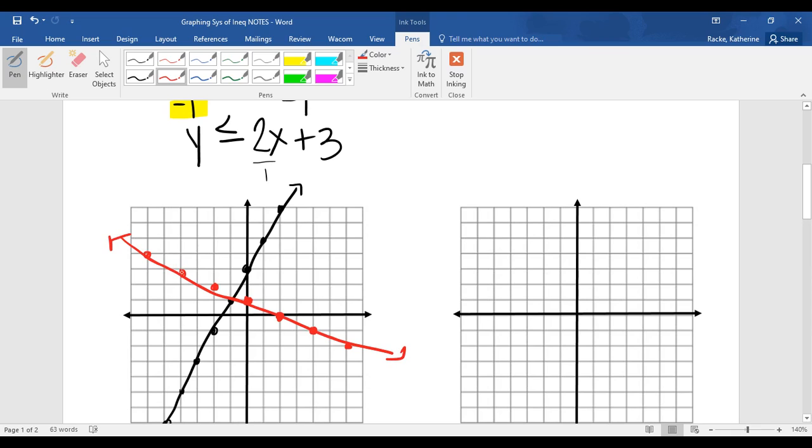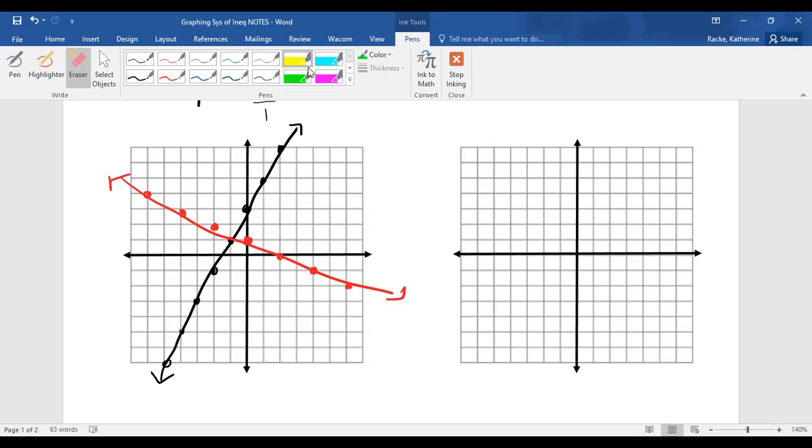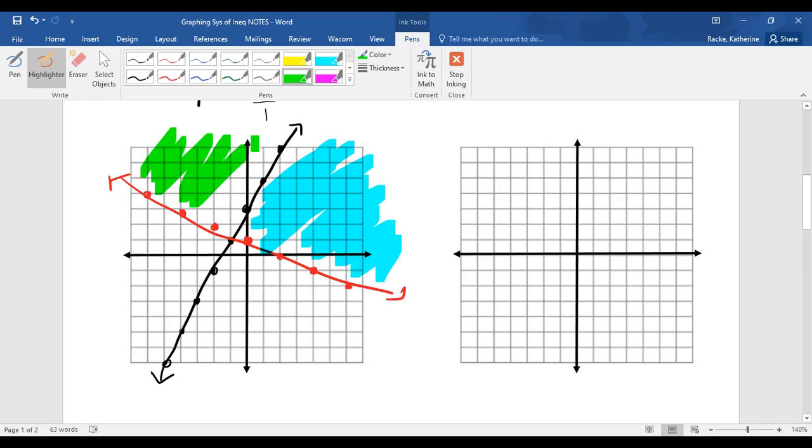Okay, so now when I talk about the black line here, it is now less than or equal to. Again, you could plug in the points because it is less than. I know it's going to be less than for the black line would be over here, and greater than for the red line would be above it.